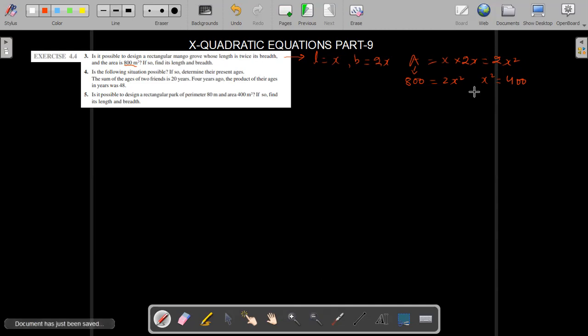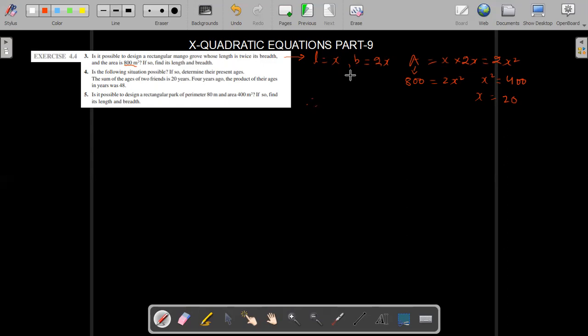So x square is equal to 400. X is equal to 20. Root of 400 is 20. So it's possible already. Yes, we can say that it's possible. The value of x is real.